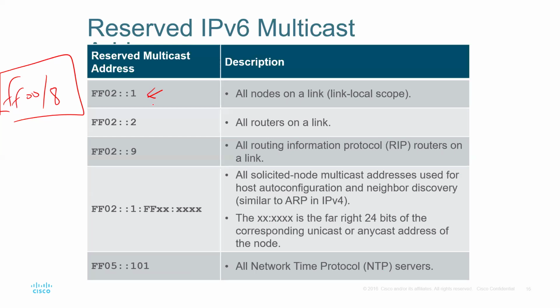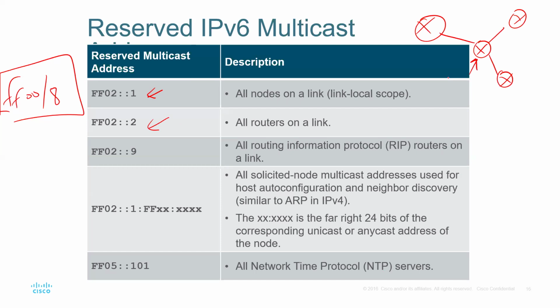So we have the all nodes address, right, which sends to all devices on a local link. Then we have the all routers on a link. Basically this one is very useful for dynamic routing protocols. For example, you have this router, and another router, let's say three routers like this. This central router is connected to three routers.